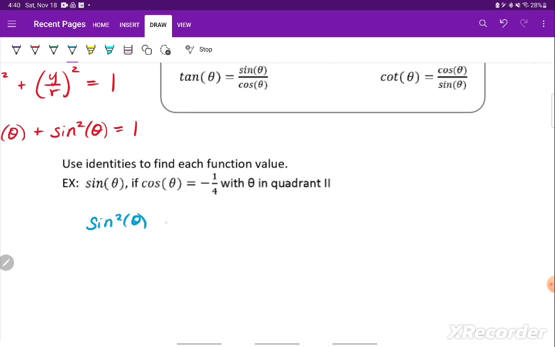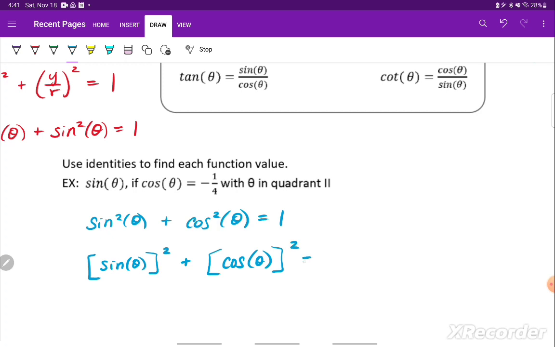Sine squared theta plus cosine squared theta is equal to 1. Remember our notation difference that sine squared is the same as sine of theta squared, and same with the cosine. This is cosine of theta squared, equals 1.